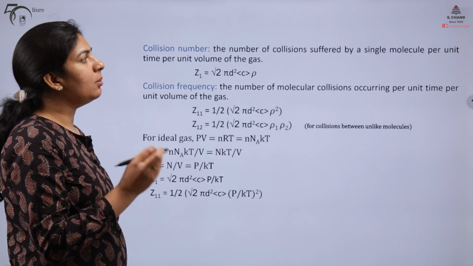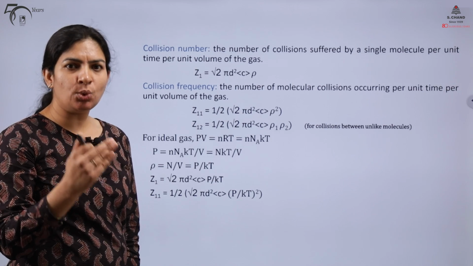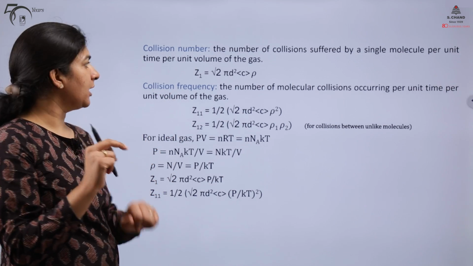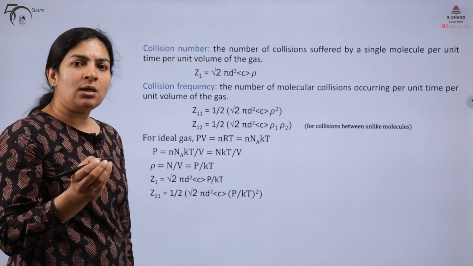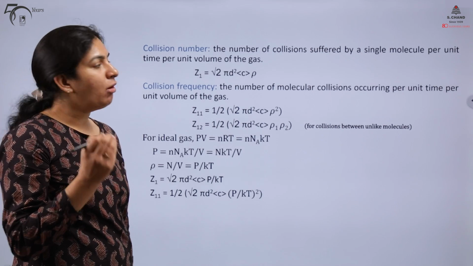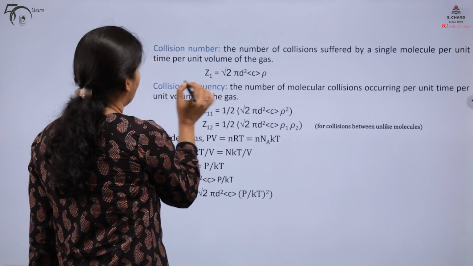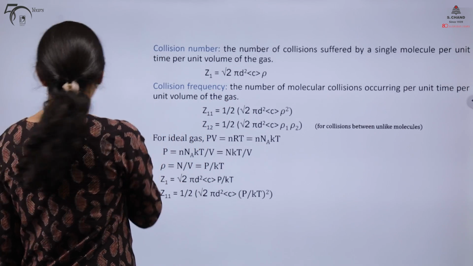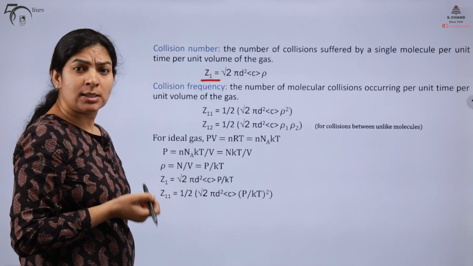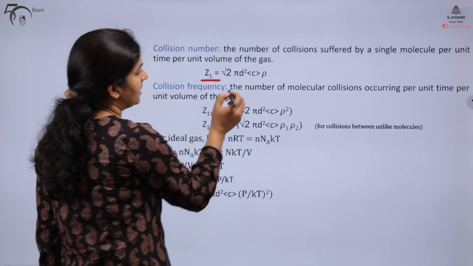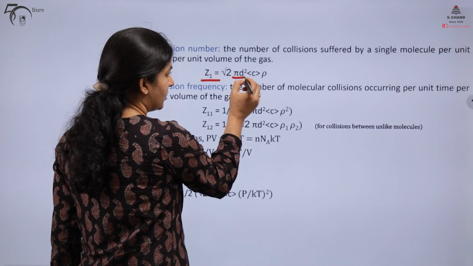A single molecule in unit volume of the gas, with the volume of the container considered equal to V, will undergo how many collisions? It is given by this number, which is called collision number and is denoted by Z1, which is proportional to the collision cross section.